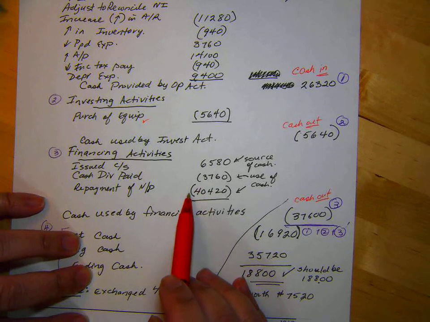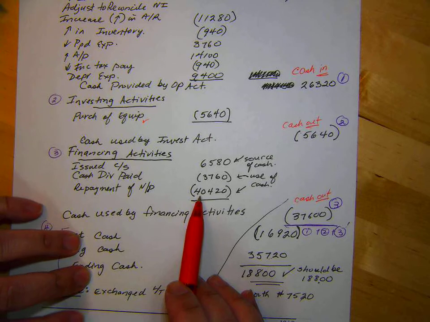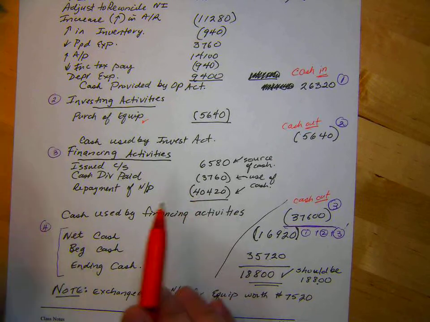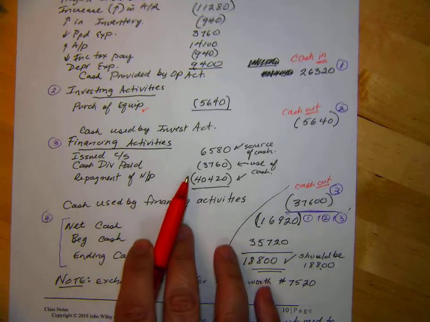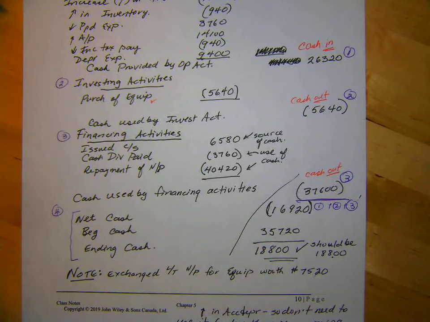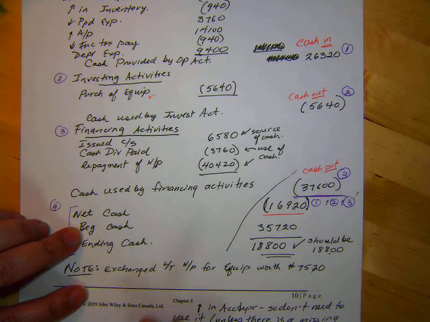Now, the repayment of notes payable, that was a large amount, relatively speaking. So it's hard to tell just from the information we have. We don't know if it was a mandatory repayment or if we were paid extra or anything like that, so you can't really tell. Okay, bottom line though, the net cash went down.